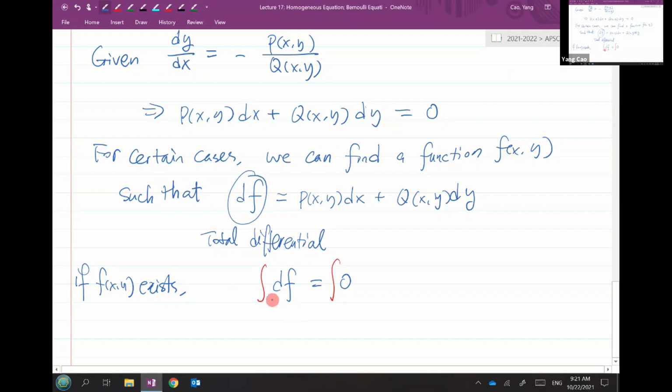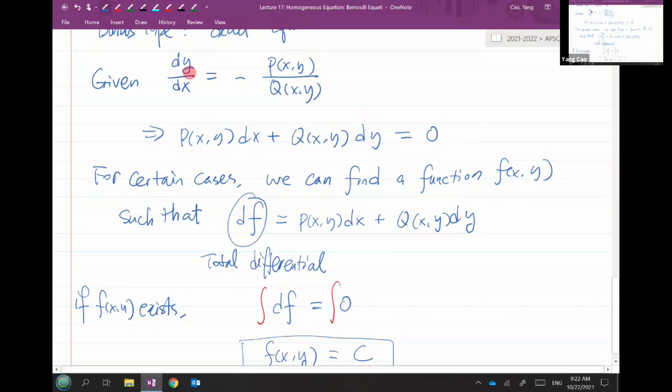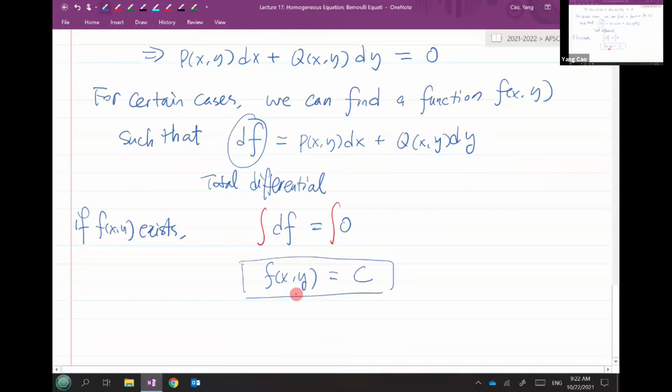When you integrate a d of anything, you get back whatever is followed by the d. And when you integrate a constant, what do you get? You get a constant c. That's basically the solution, because you're looking for a solution for y, but of course now you probably want to find an implicit solution for y.